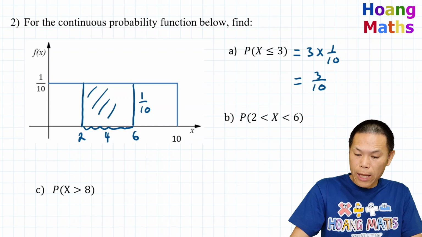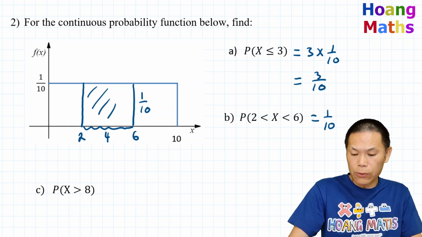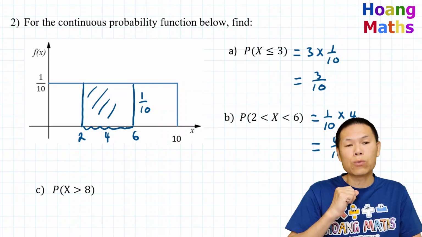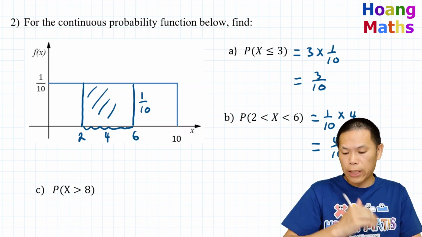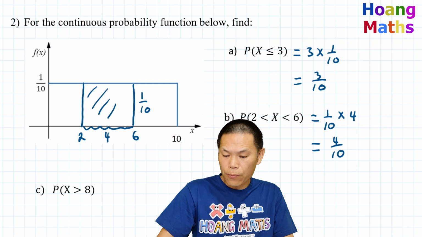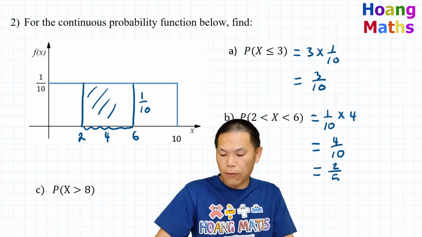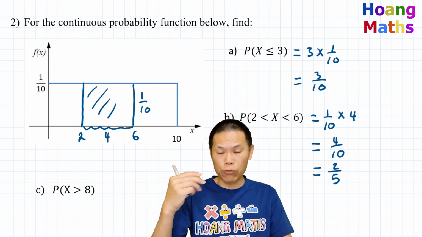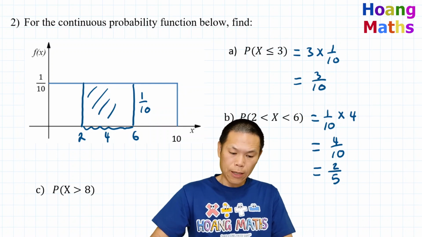The area of a rectangle is just length times width, so the answer is 4/10. Using the calculator, of course, we need to simplify it. Half of 4 gives me 2, and half of 10 is 5. So 2/5, or 0.4 if you like.